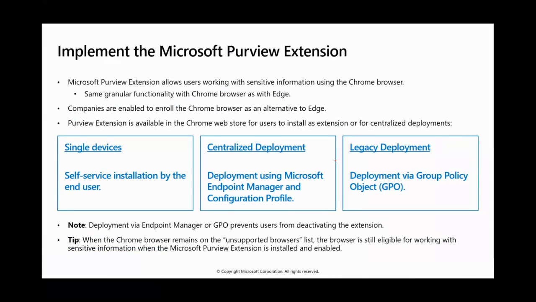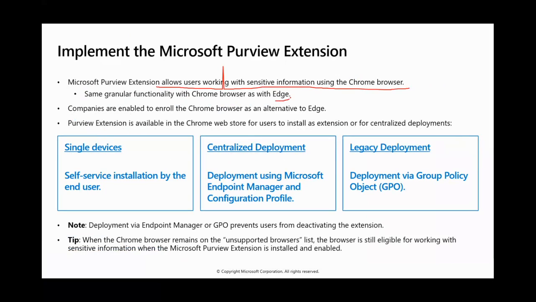Finally, we can continue by mentioning that we can extend these data loss prevention features with the Microsoft Purview extension. The Purview extension is going to allow us to work with sensitive information using, for example, the Google Chrome browser. This is going to work in a similar way to how we already work with Microsoft Edge.